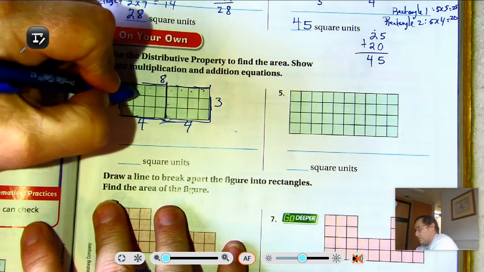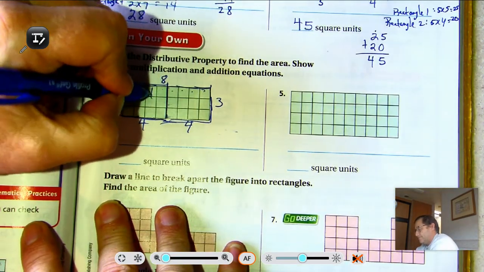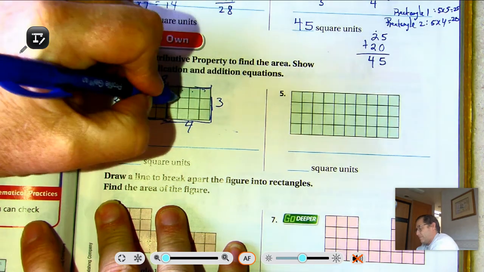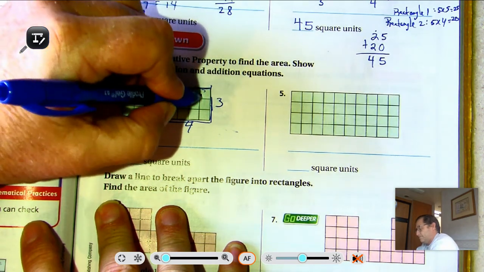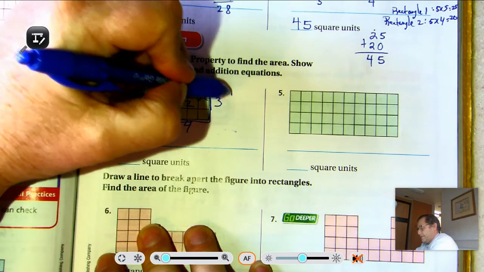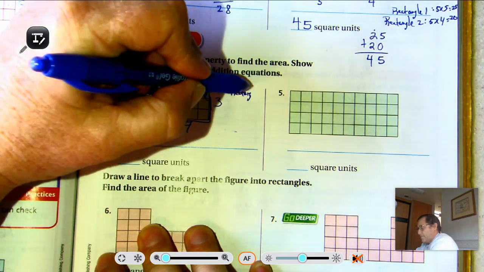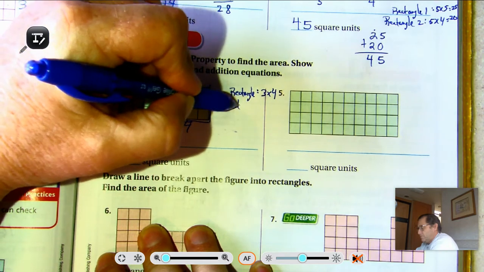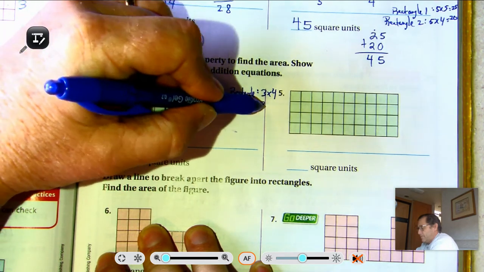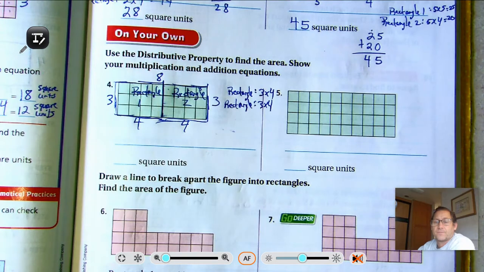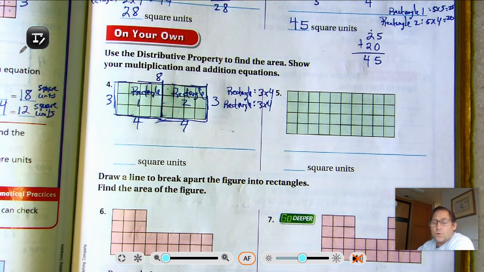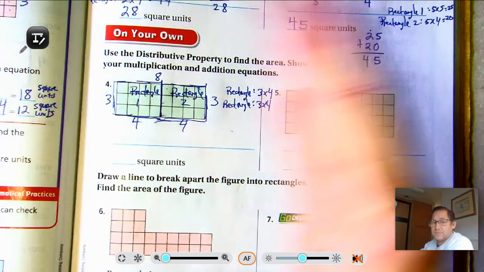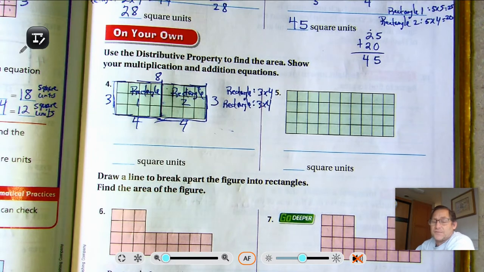So rectangle 1, rectangle 2. Rectangle 1, we're going to say is 3 by 4. So 3 times 4. Rectangle 2, 3 times 4. So 3 times 4 plus 3 times 4 is the same as 3 times 8.